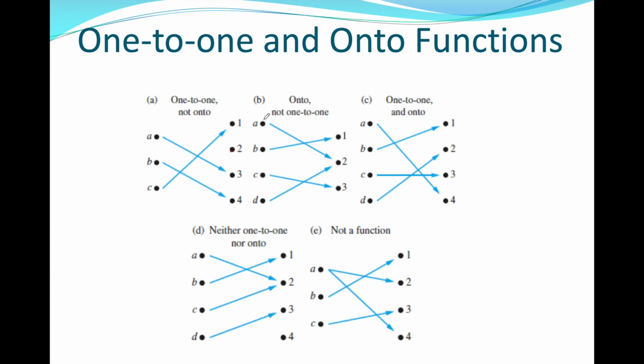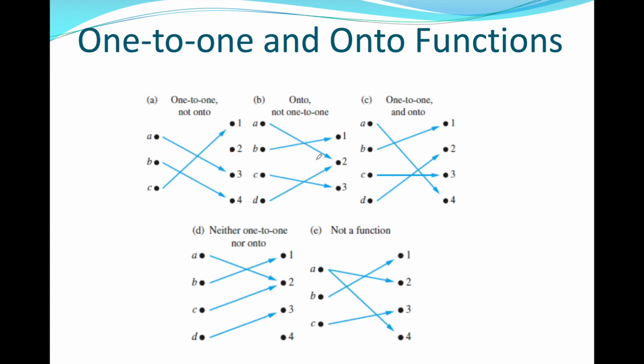And this function is onto, because all the elements in the codomain are connected with an element in the domain. It is not 1-to-1 because one image value has two elements of the domain.